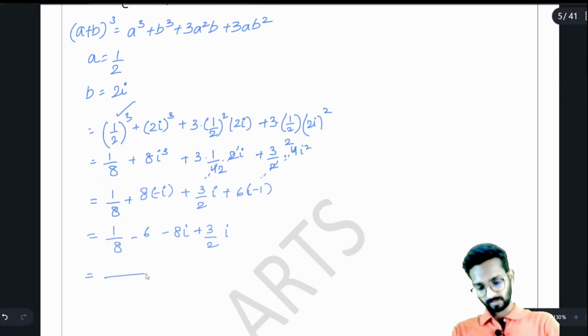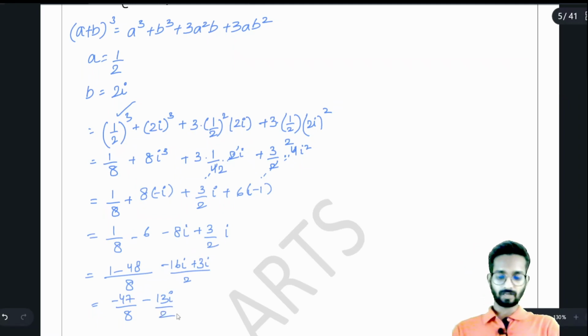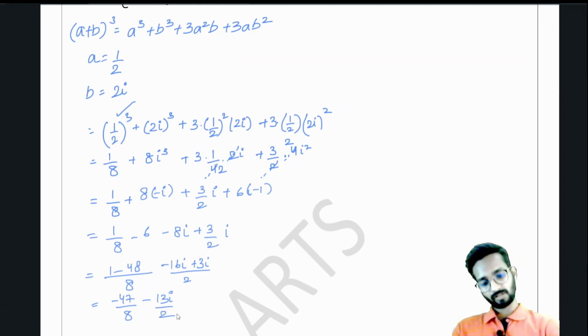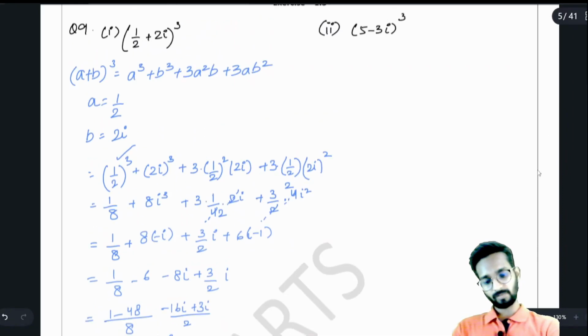Take the LCM for 8, 1 minus 6 8s are 48. Now take the LCM 2, minus 16i plus 3i. The answer will be minus 47 by 8, minus 16 plus 3 minus 13, minus 13i by 2. This is how we are supposed to convert this into complex number a plus ib form.